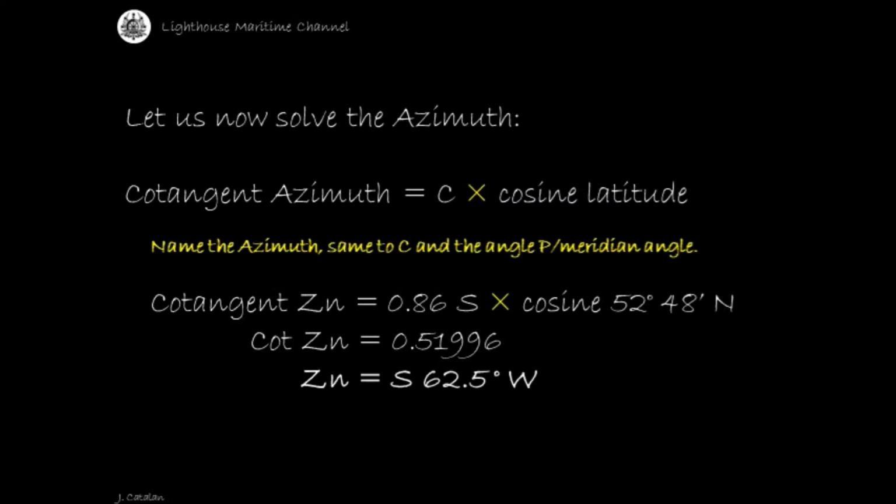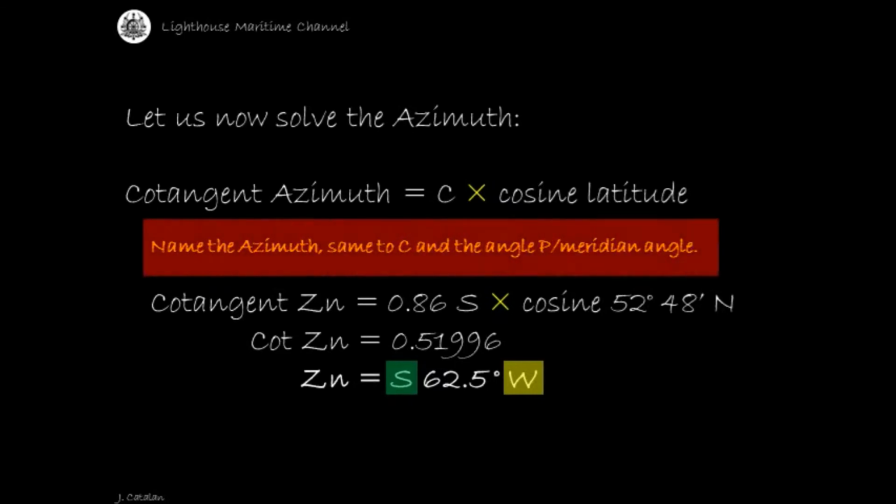You might wonder, where did I get the prefix south and the suffix west? Well, again, it is in the rule. Name the azimuth same as C and the angle P, the meridian angle.